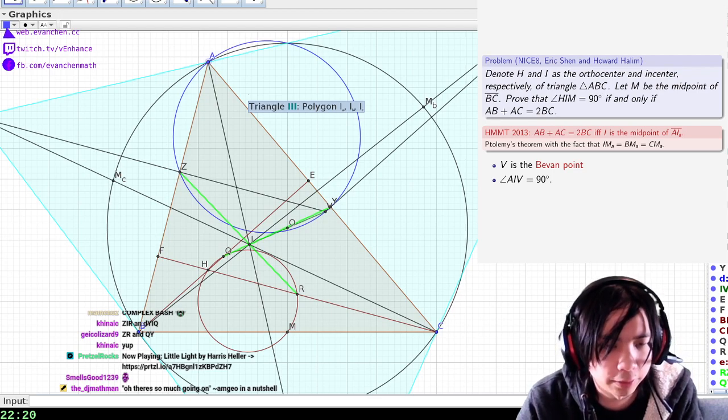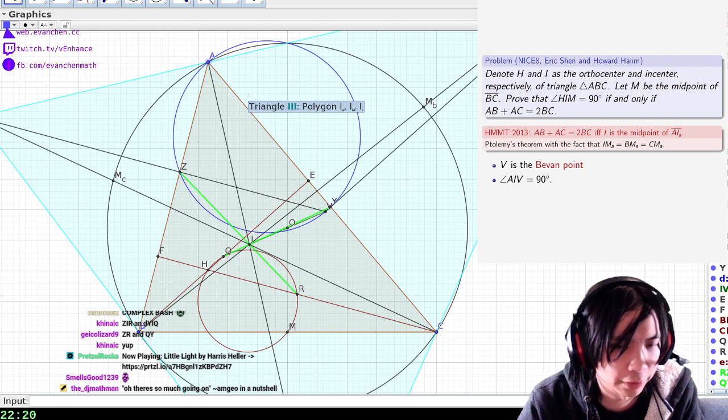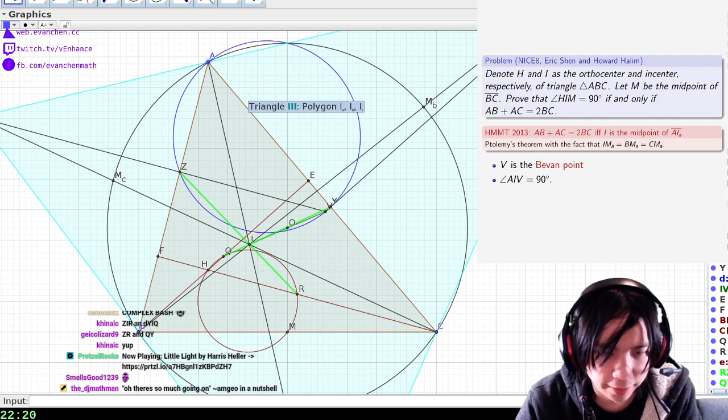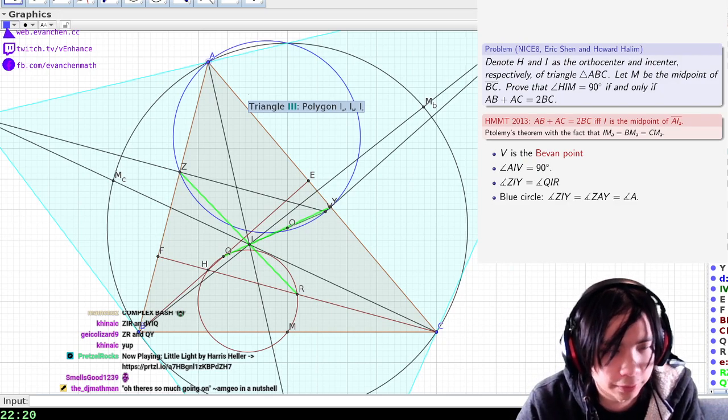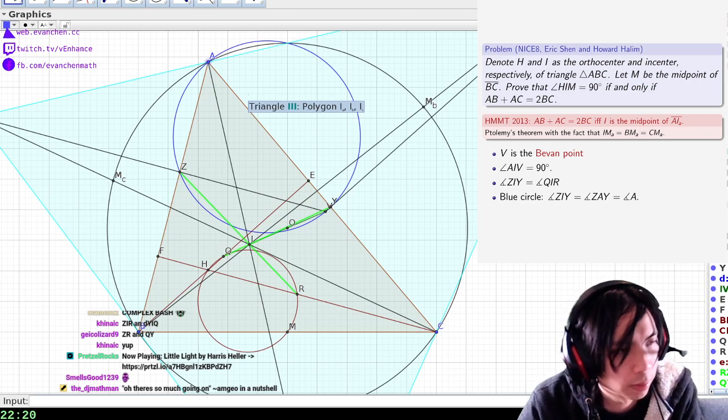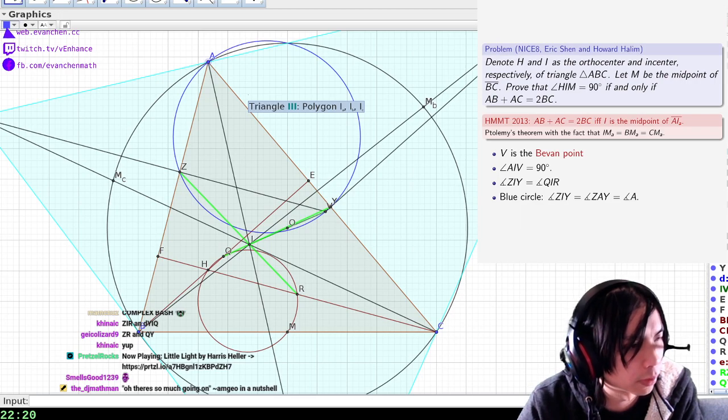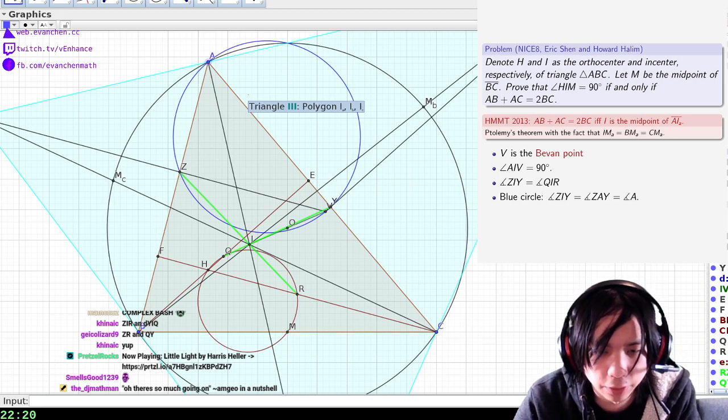And the blue circle asserts that ZIY is equal to ZAY, which is equal to angle A. The red circle asserts RIQ is RHQ, which is also equal to directed angle A.